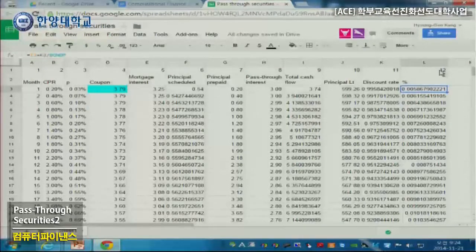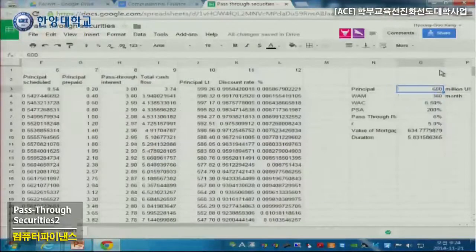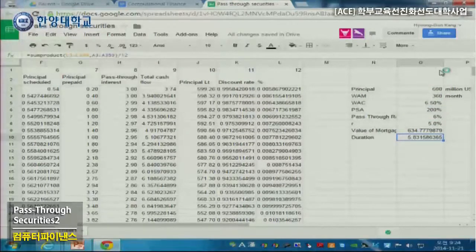But then the first column is actually months, and we want to express everything in terms of years, so I have to divide it by 12. So effective duration is 5.83. Something like this. But then there is one problem.